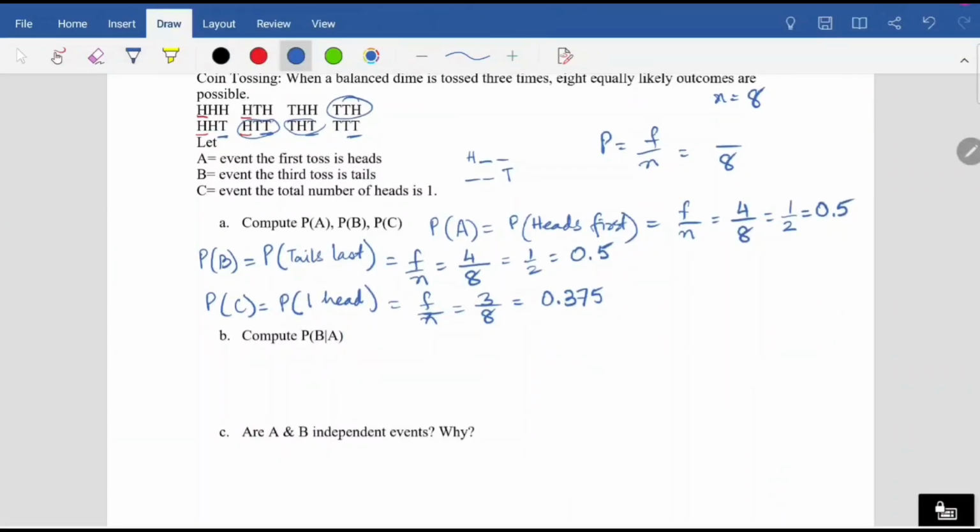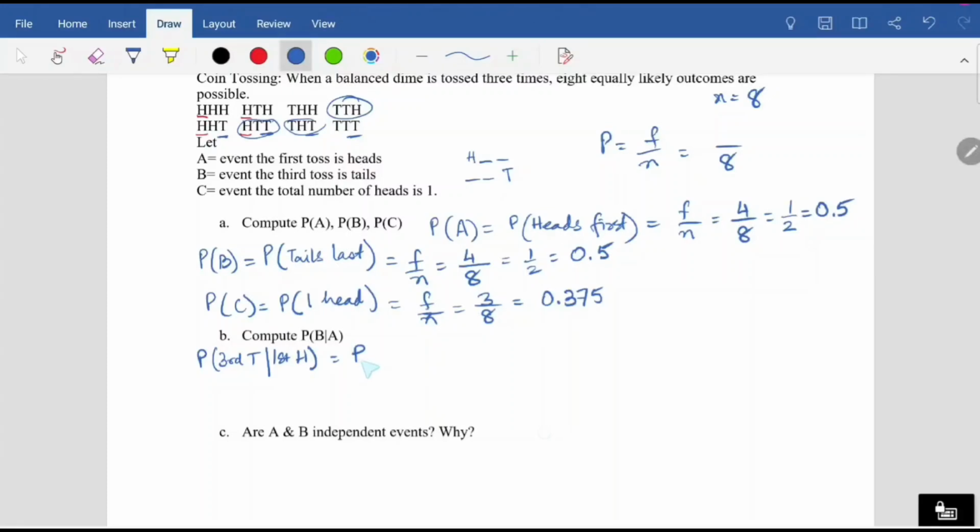Good. Now, part B says compute the probability of B given A. So this is a conditional probability. What they're asking for is the probability of B, where B is the third toss being a tail, given that the first toss is a heads. So let's see, what is the formula for that? Have the formula in front of you.